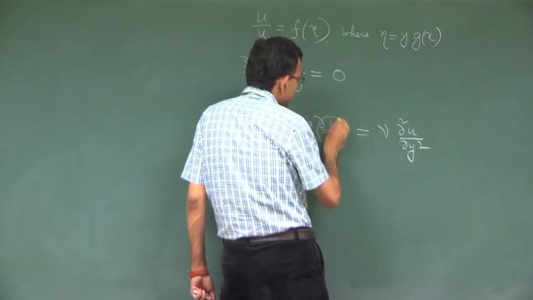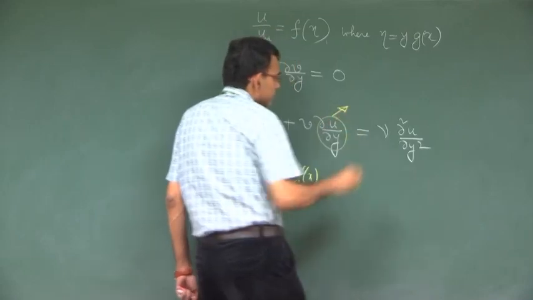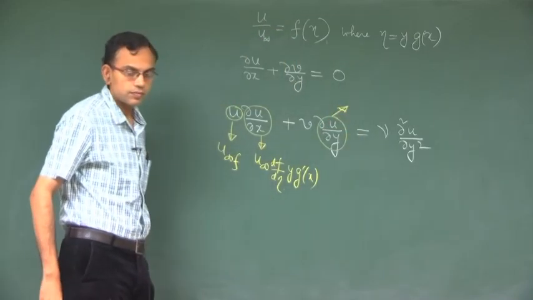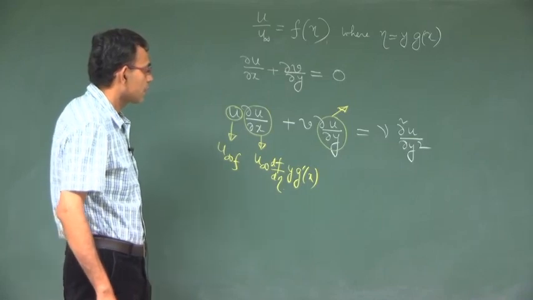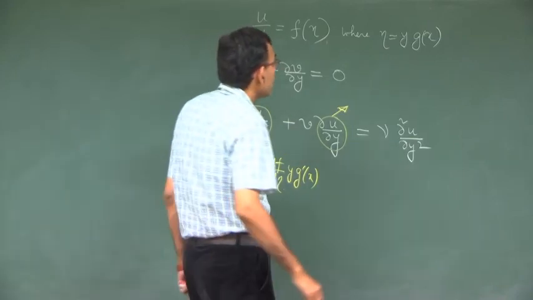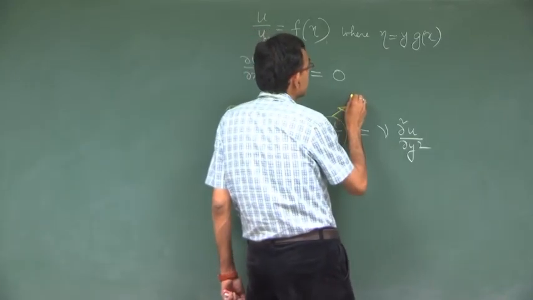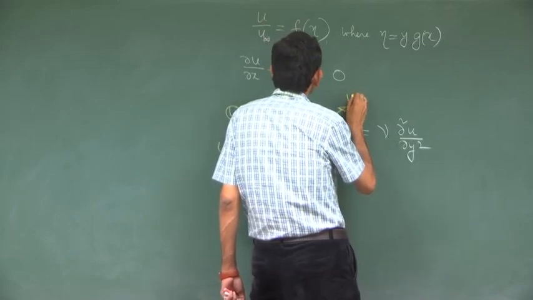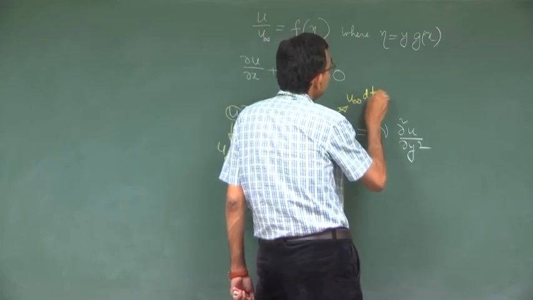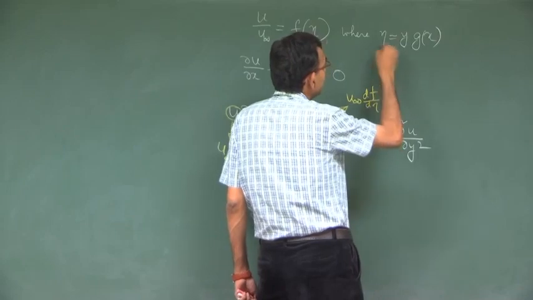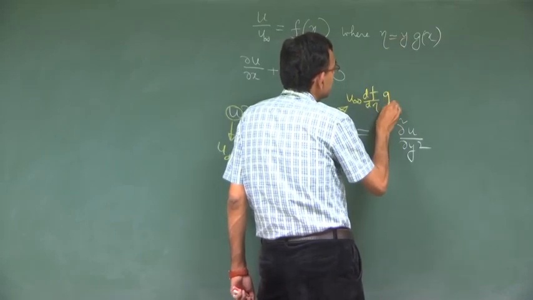Similarly, what is this? This is u infinity df d eta into del eta del y, which is g.